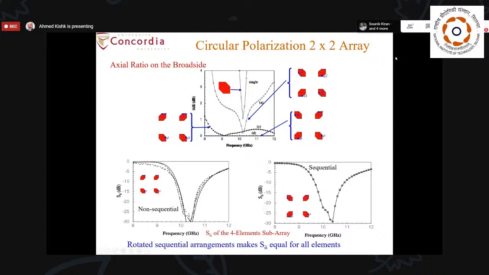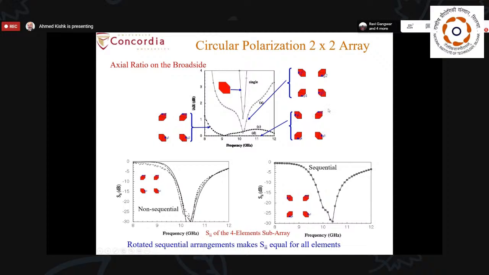So if we use this element in a subarray of 2 by 2 elements, and we phase them and arrange them in a certain way, we can find that the 3 dB axial ratio bandwidth can be increased as we choose different arrangements for this.